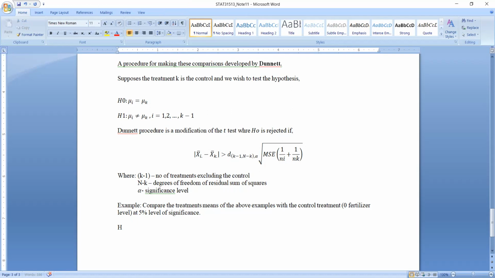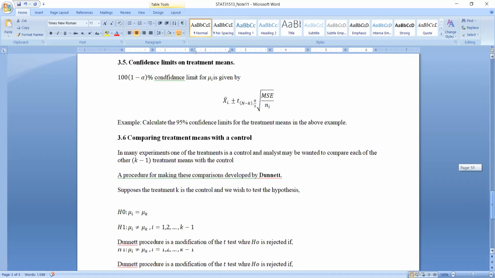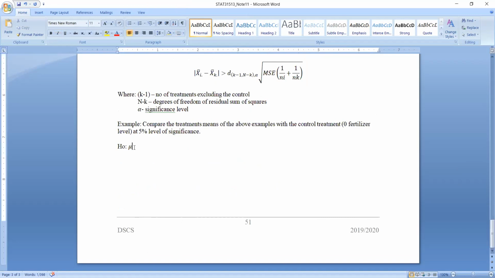So when you write H0, let's say you are going to compare with this level, the 0 level being the control one. That is 40, so the treatment level 40. So you can take mu 40 equal mu 0.